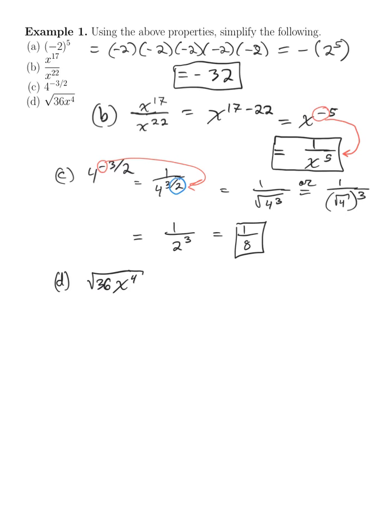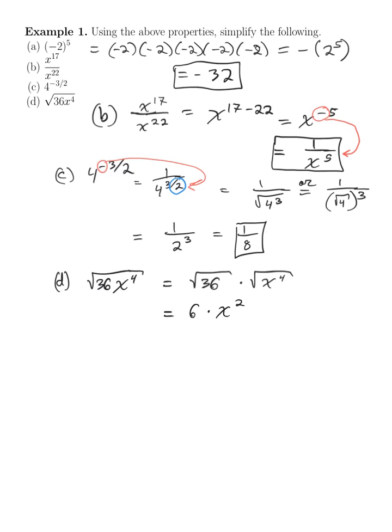The square root is a power, and this is a product. Anyway, the long story short is I can take the square root of 36 and multiply it by the square root of x to the 4th. Hopefully the square root of 36 is pretty easy to figure out. That's just 6. And then the square root of x to the 4th is x squared.